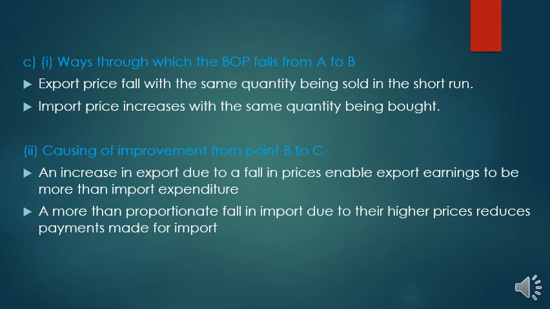So the price of imported goods has increased, so the demand by home citizens for foreign goods is going to fall, please. And when it falls, you see that there's a higher proportion. The proportionate fall in demand is greater than the proportionate increase in price. Causing what? Causing a favorable balance of payment, causing the BOP to be increasing. Yeah, that is what explains the movement from B to C.